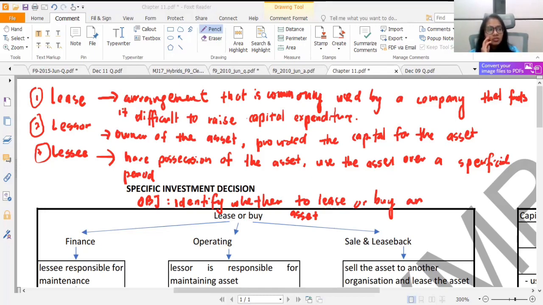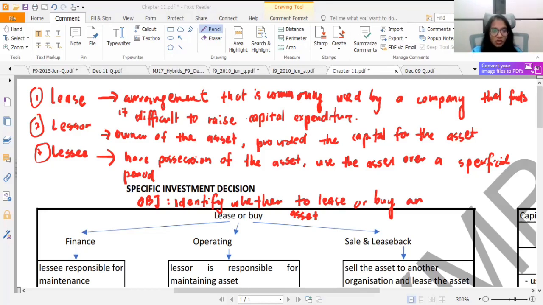Now guys, I want you to remember, why are lessors only these people? The reason why only the financial institutions are considered as lessors is because these lessors are usually people who have a large amount of capital available, for the most part.